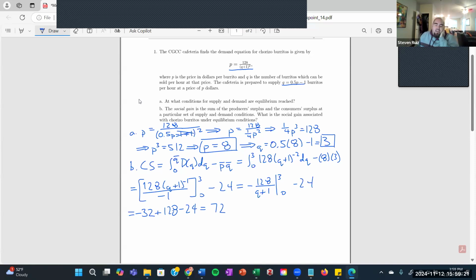So the next thing we want to find is the producer surplus. So how do we find the producer surplus? So that comes from this integral. So the integral from, again, 0 to q bar. So we're going to use basically our same interval.